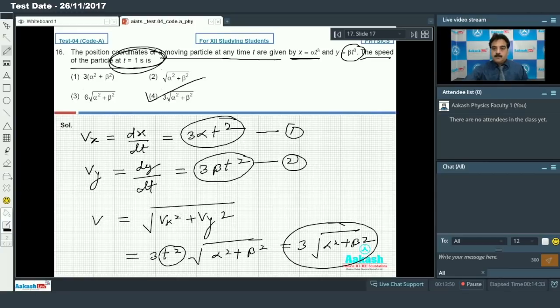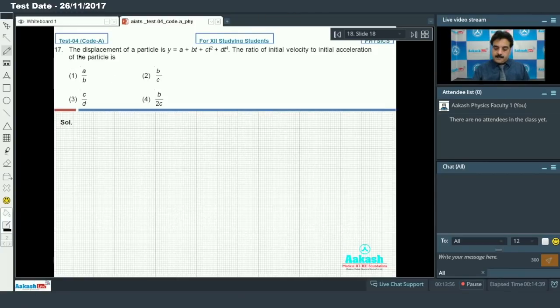So let's move on. Question number 17. The displacement of a particle is y equals a plus bt plus ct square plus dt to the power 4. Find the ratio of initial velocity to the initial acceleration. So first I am going to calculate the velocity by using differentiation dy over dt, and that will give the velocity expression.